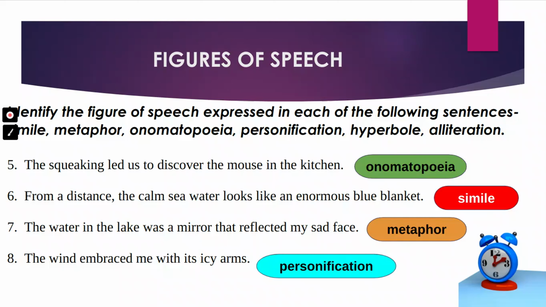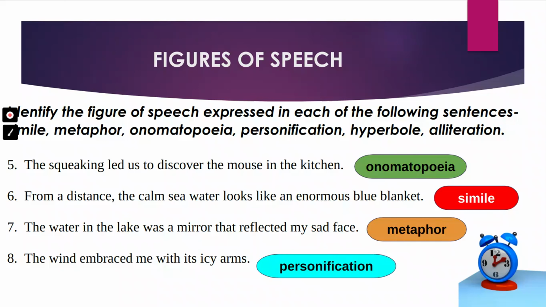So, we have come to the end of another lesson. We have looked at 6 different figures of speech, your simile and metaphor, which function to compare two different things. Your simile depends on as or like, your metaphor does not. Your onomatopoeia, when we think about onomatopoeia, we think about sound.